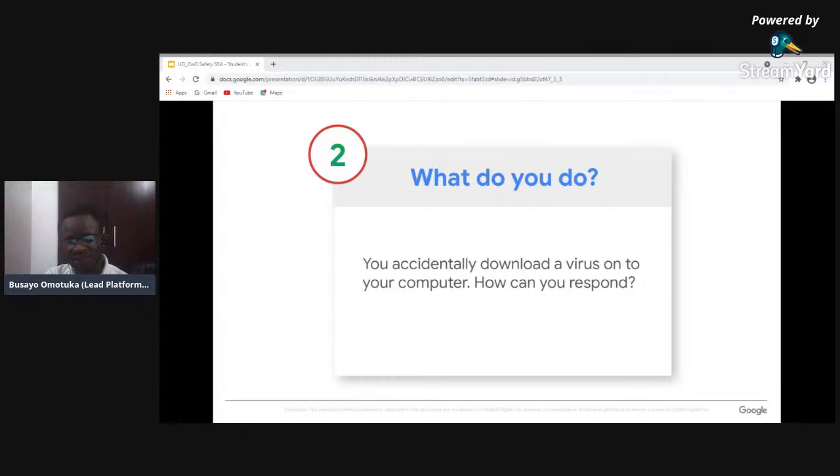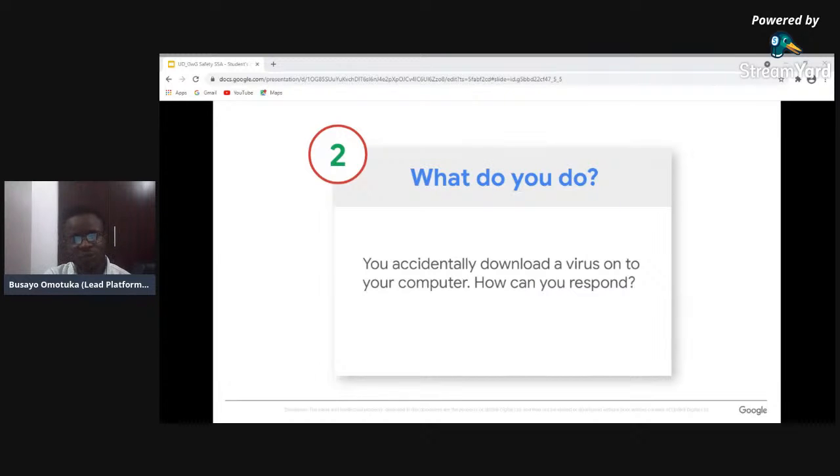You accidentally download a virus onto your computer. How can they respond? I mean, this is very tricky, because these days, whether we like it or not, we're going to be using the internet, and our computer is going to be getting in touch with various websites, and from there we can download a virus into our computer.